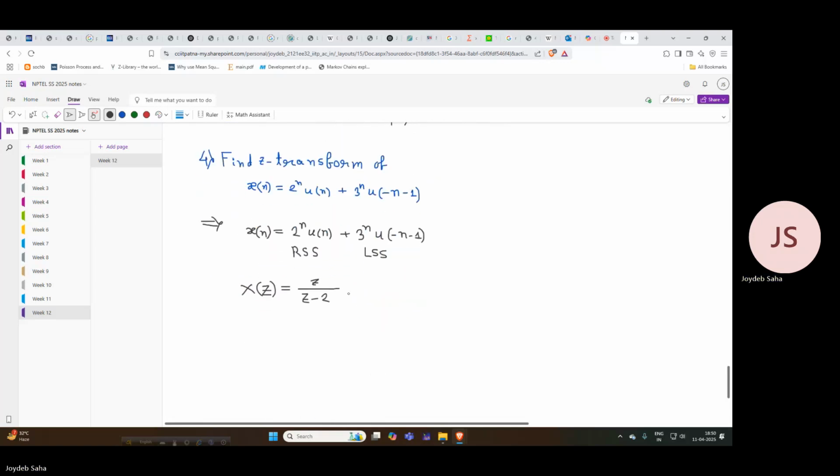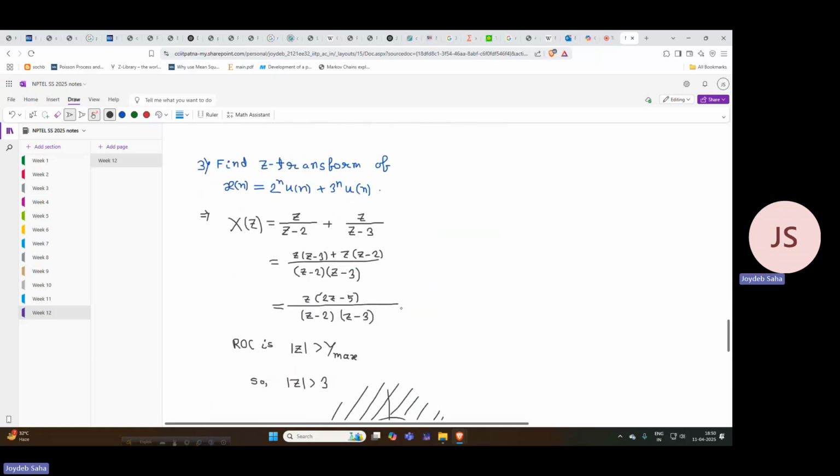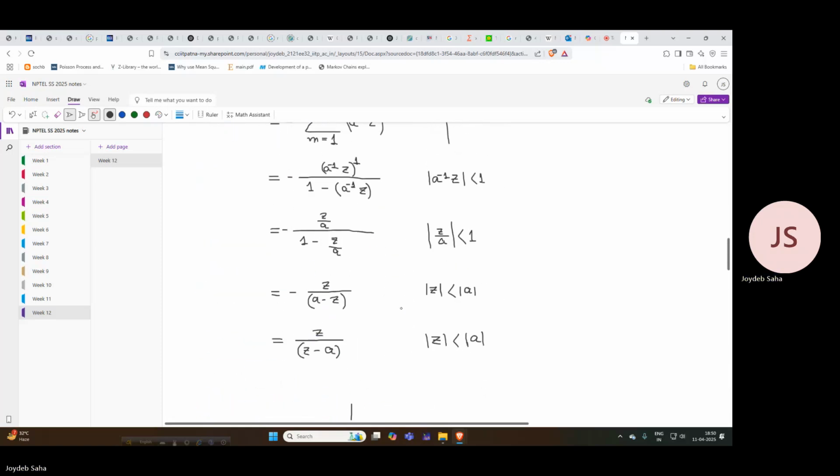So plus z upon z minus 3, just like this.